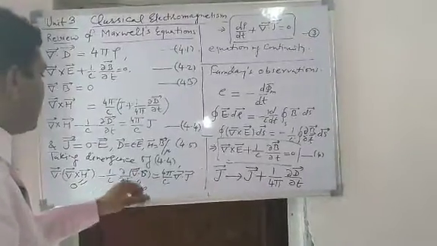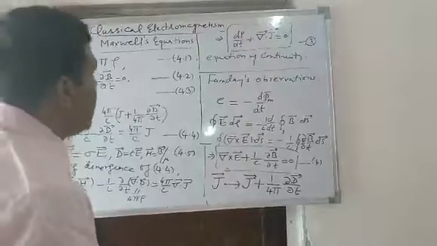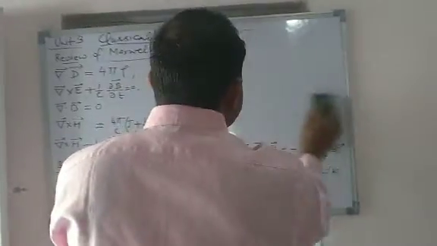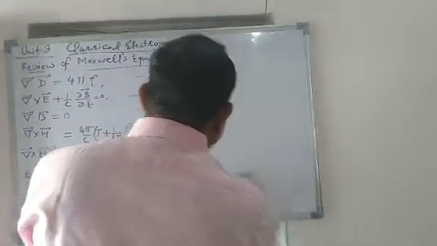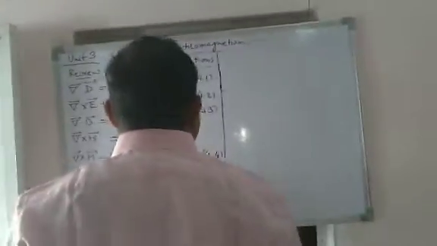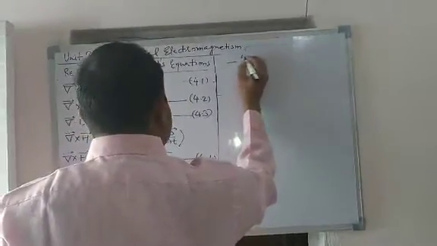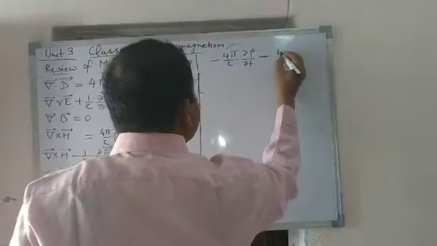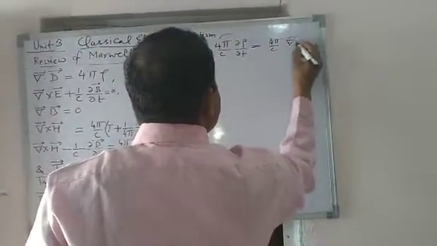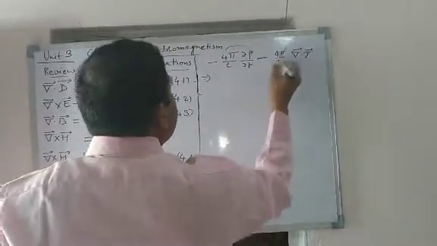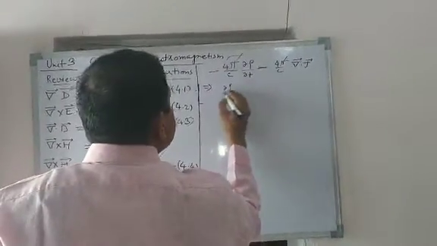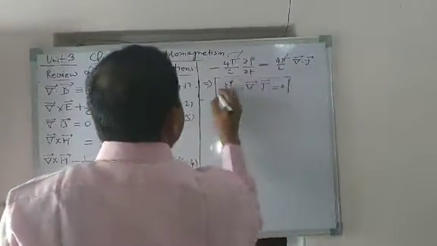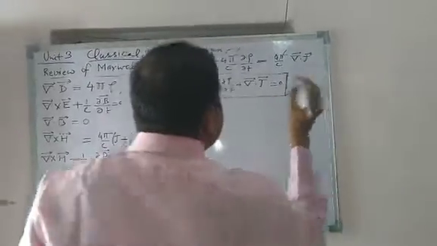So we will have del rho by del t equal to del dot J. Let me rewrite this equation: minus 4 pi by c del rho by del t equals 4 pi by c del dot J, and by cancelling these we again obtain the same equation of continuity, which was equation 3.